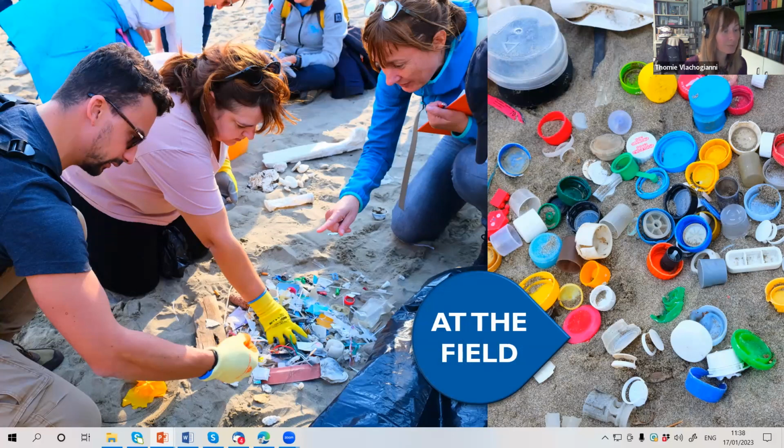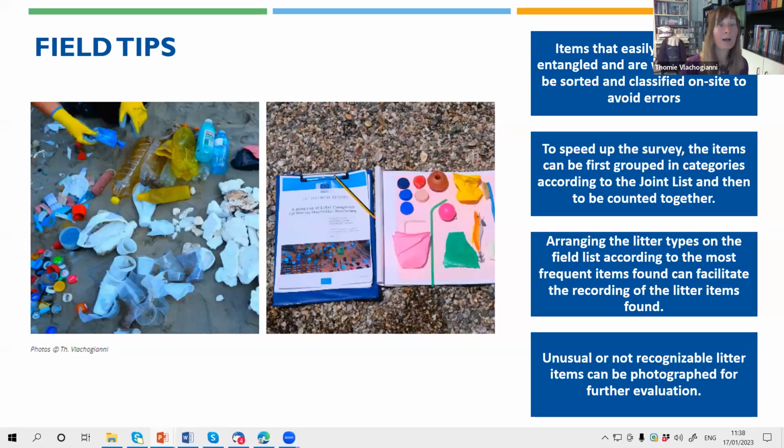After many years of experience, we have realized that classifying the litter items when they are picked up is a very time-consuming process. So usually what we do is we collect all litter items in 1 or 2 spots of the transect, and then we sort them in different groups.